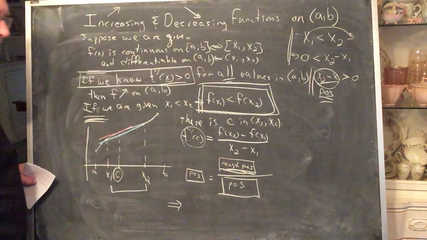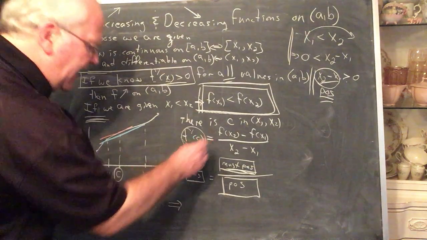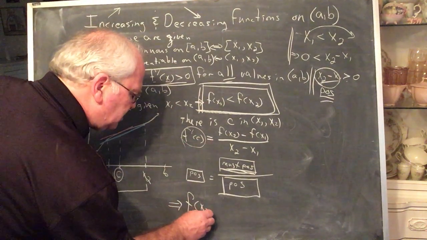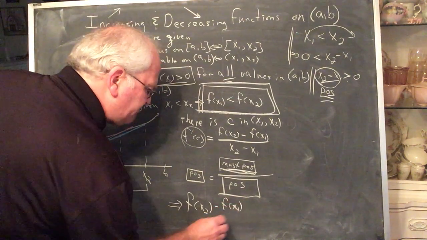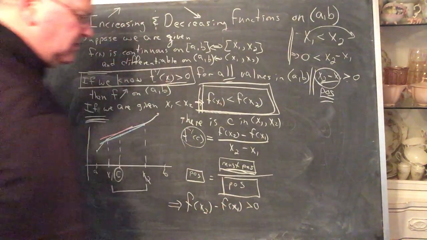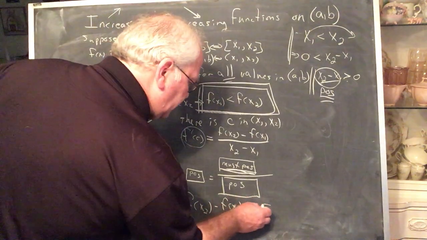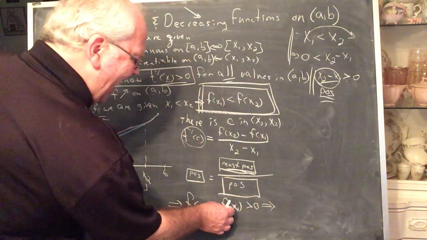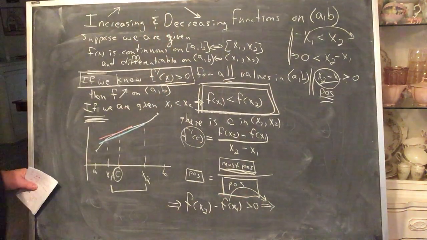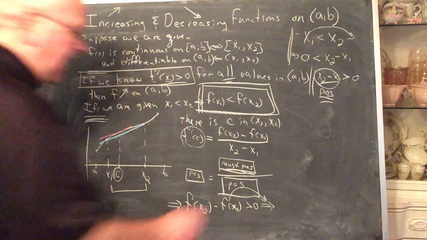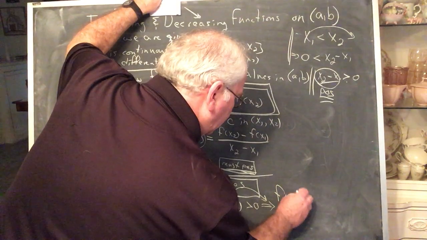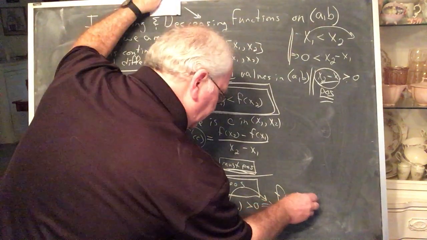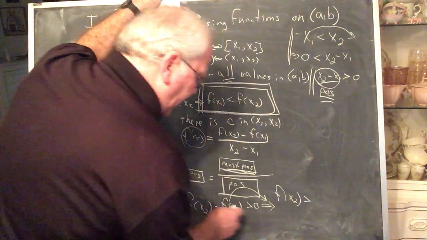The numerator must be positive. That is to say, f of x2 minus f of x1 is positive. It is bigger than 0. What does that mean? That means I can add f of x1 to the right-hand side of that inequality, and we have f of x2 is greater than f of x1.